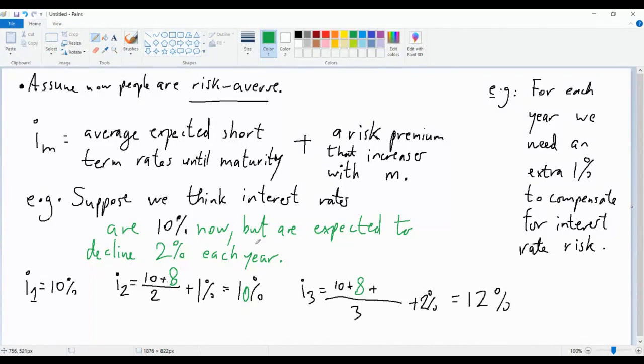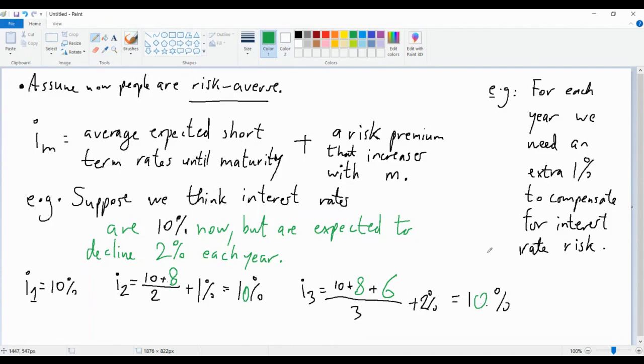In this example, that means interest rates are expected to drop even further to 6. And the average of these things, 10 plus 8 plus 6 is 24, divided by 3 is 8, plus our risk premium, 8 plus 2 is 10.